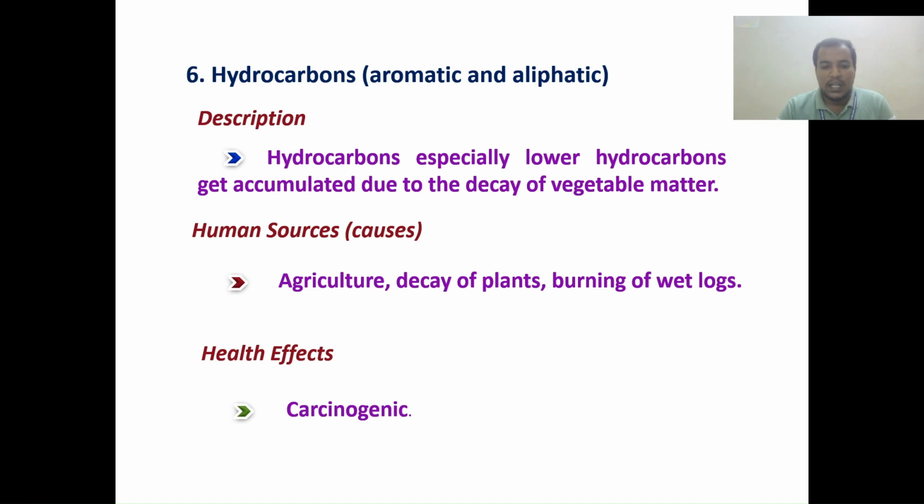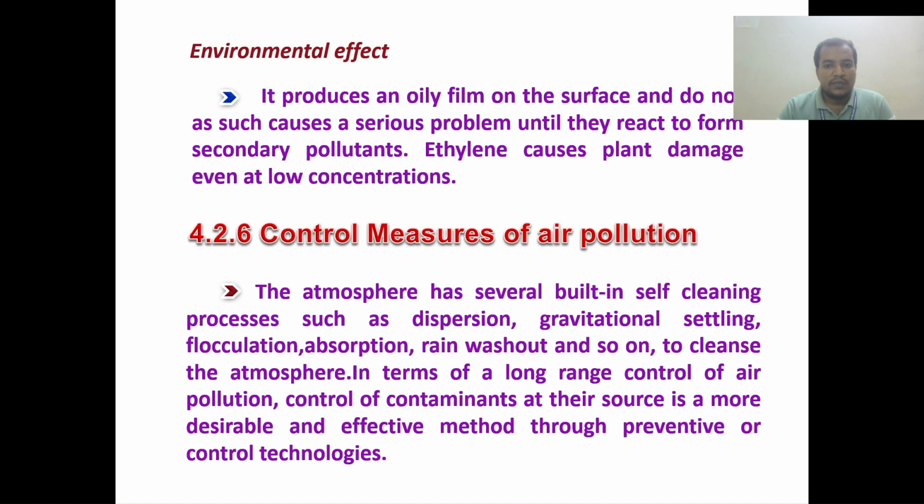Human health is affected by carcinogenic diseases. Environmental effect: they produce an oily film on the surface and do not cause a serious problem until they react to form secondary pollutants. Ethylene causes plant damage even at low concentrations.